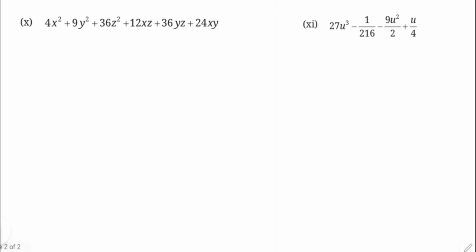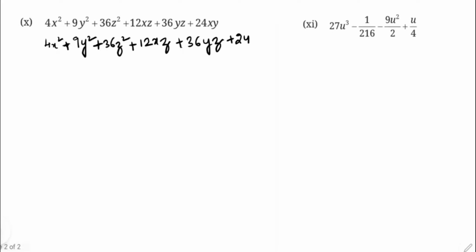Now let us solve 10th bit. So in the 10th bit we are having 4x square plus 9y square plus 36z square plus 12xz plus 36yz plus 24xy. So here this 4x square can be written as 2x whole square, plus 9 can be written as 3 square, so 3y whole square, plus 6z whole square.